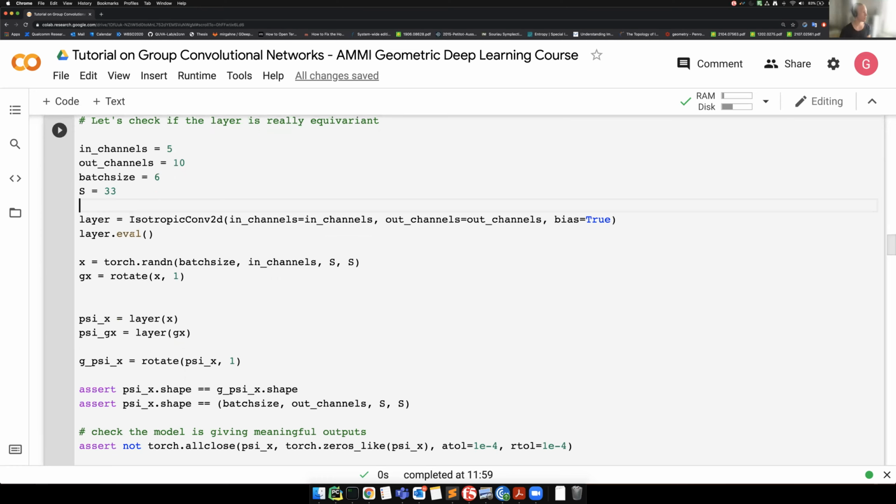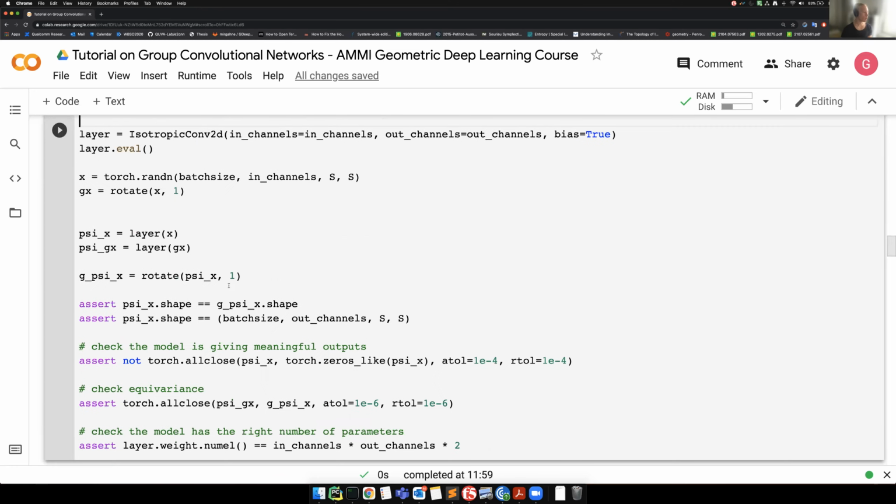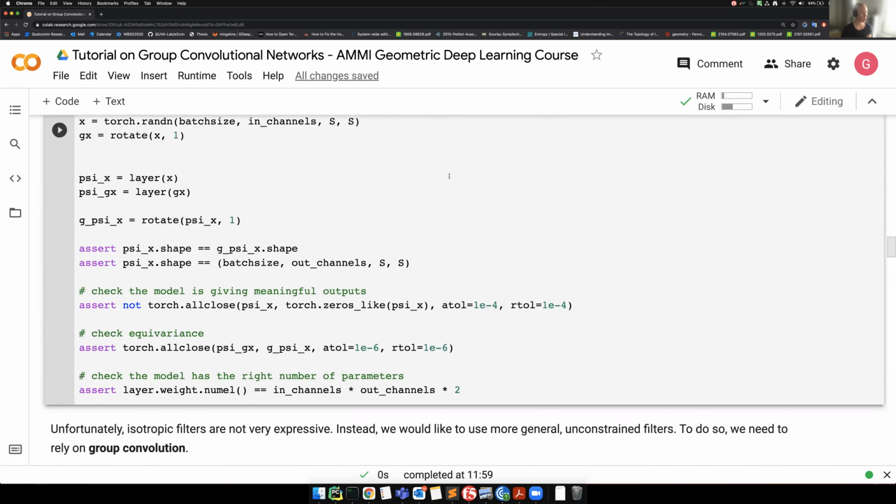So we're going to feed some random inputs, rotate them, and check if the outputs are the same. That's pretty much the idea here. I'm also going to check that you have enough learnable parameters, so that's a good check for you. Again, for each input and output channel, you should have two learnable parameters, because your filter has only one value in the center and one value around it.